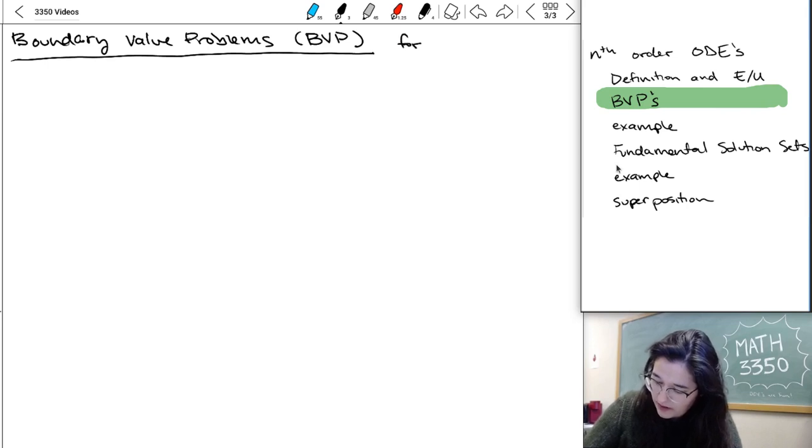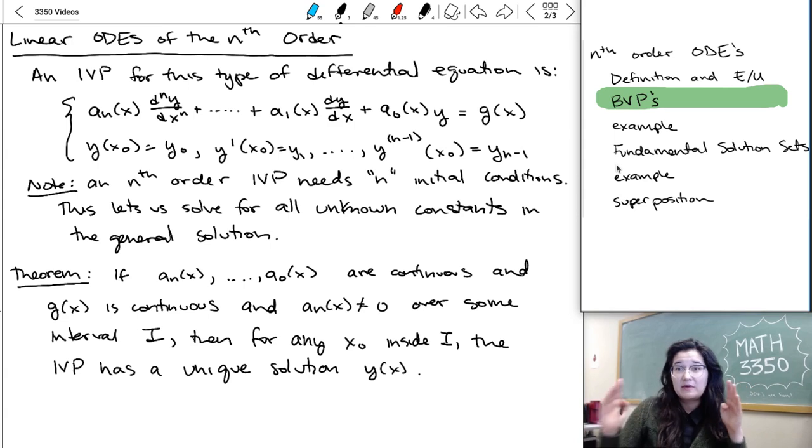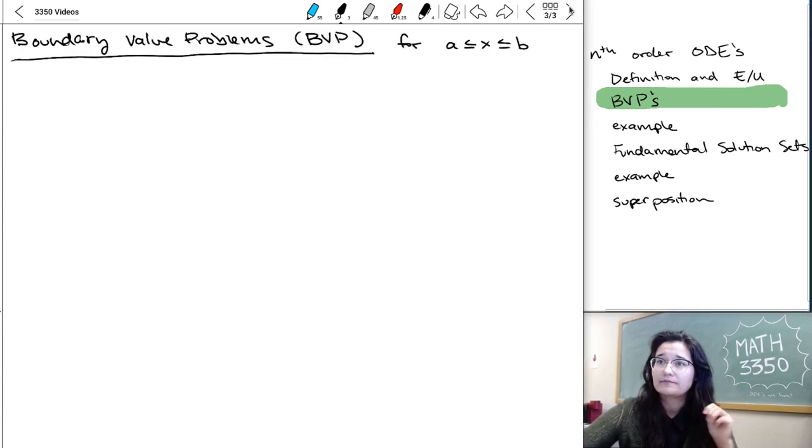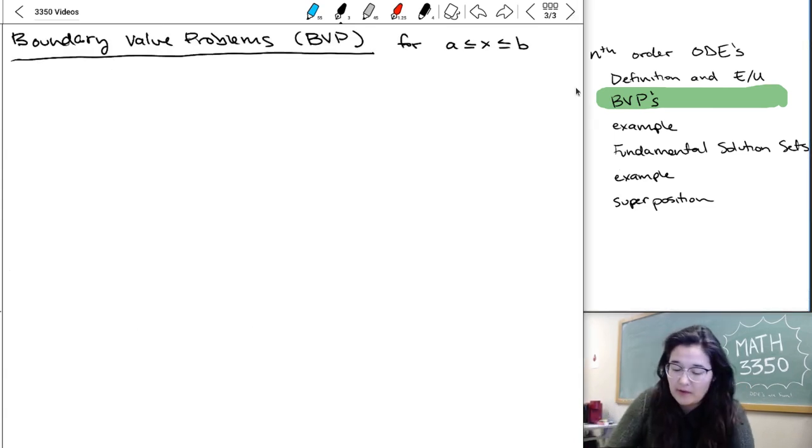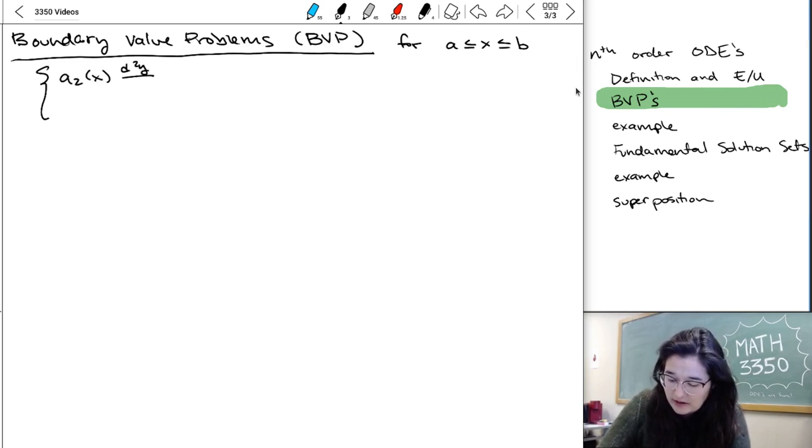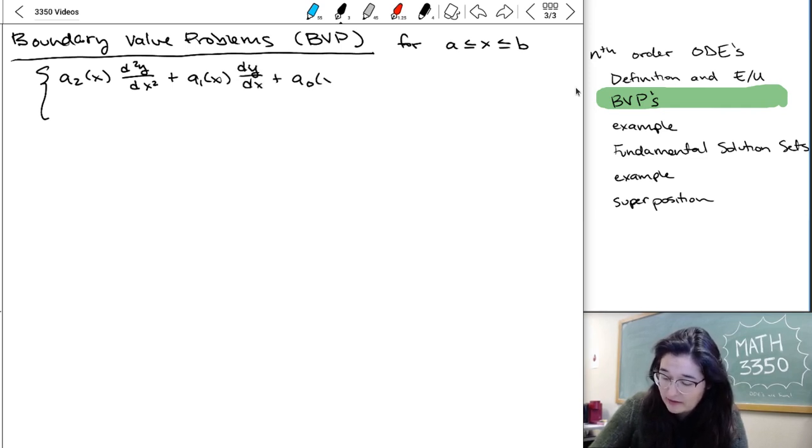So for two values a and b, and x between them, we think about the second order differential equation, a2 second derivative y plus a1 first derivative y plus a0 times y equal to some g of x.